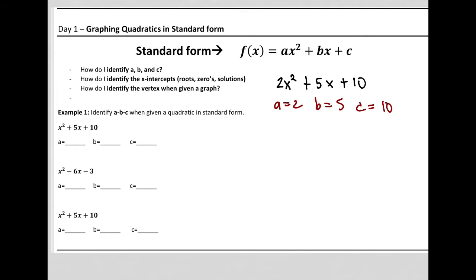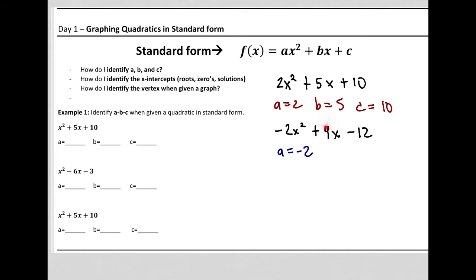Okay, so if I had another example, let's do another one. If I had negative 2x squared plus 4x minus 12, in this case, our A would be negative 2, because again, you're taking the sign that goes with it.